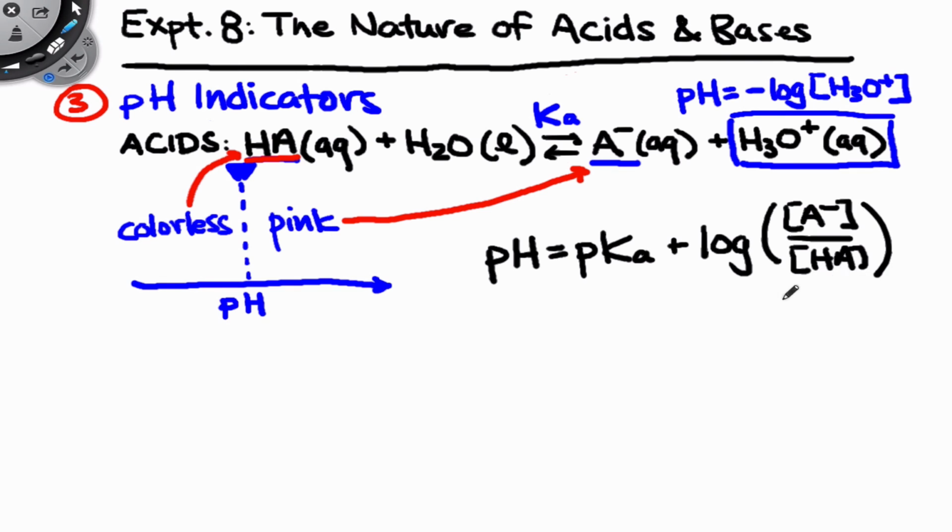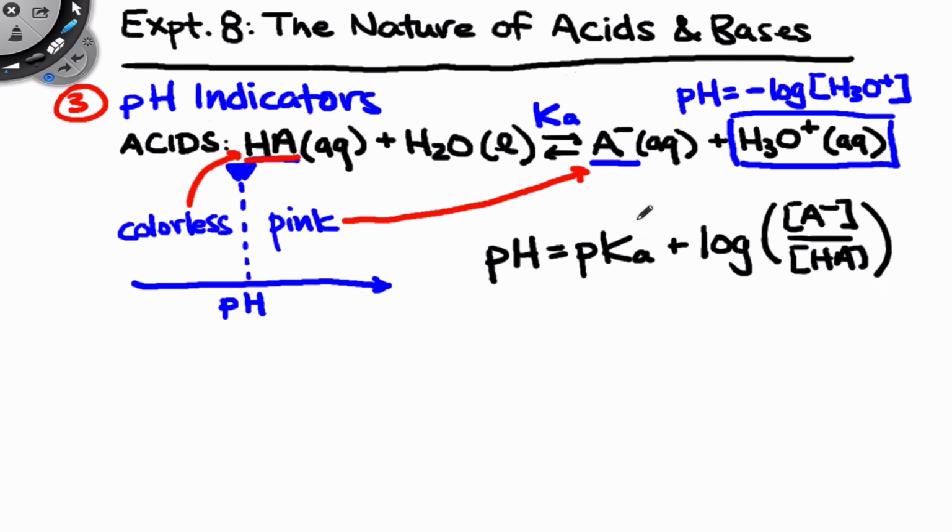In a perfect world, the color change would occur at the pH where this ratio was exactly equal to 1, right? Since that would be the point where the A- concentration is just overtaking the HA concentration. However, because of different brightness, quote unquote, of the two conjugates, HA and A-, and imperfections of our eye and imperfections in how we're changing the pH, that's not going to be the case in practice.